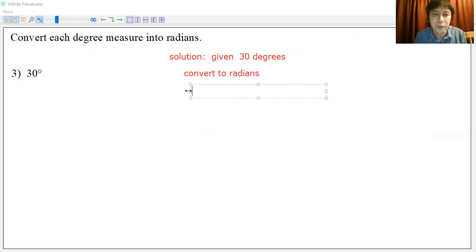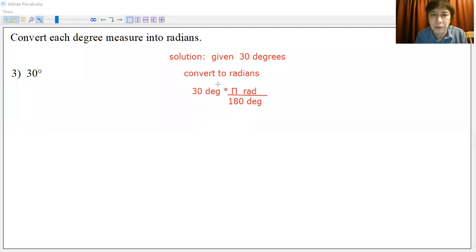So we start with 30 degrees, and then this is times the equivalent pi over 180. For every pi radians, there are 180 degrees. So this is our conversion factor right there.